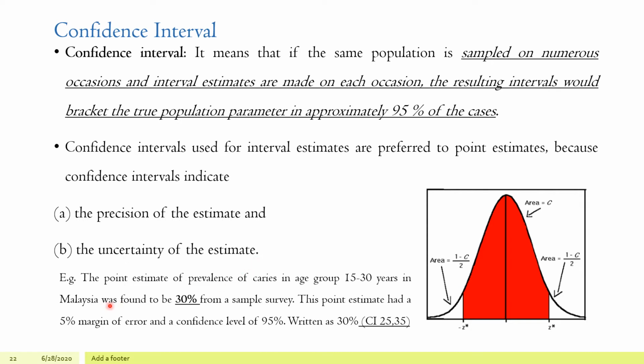For example, the point estimate of prevalence of caries in the age group of 15 to 30 years in Malaysia was found to be 30%. From the sample survey, this point estimate had a 5% margin of error and a confidence level of 95%.